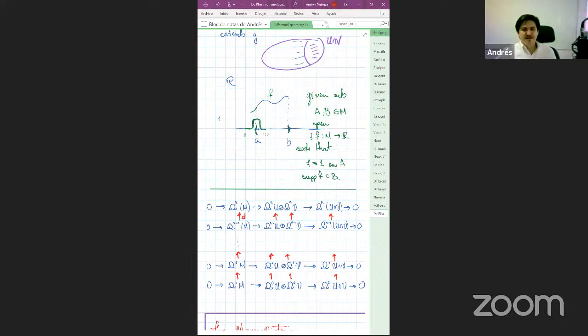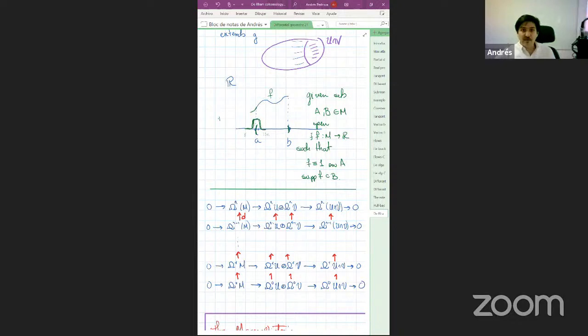Now, does this diagram remind you of something? Here we have only differential forms. We don't have cohomology, and cohomology is our goal. The goal is to compute cohomology.